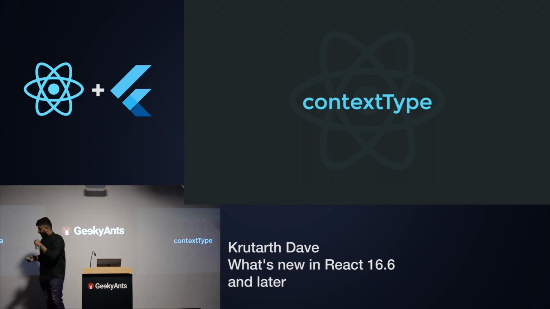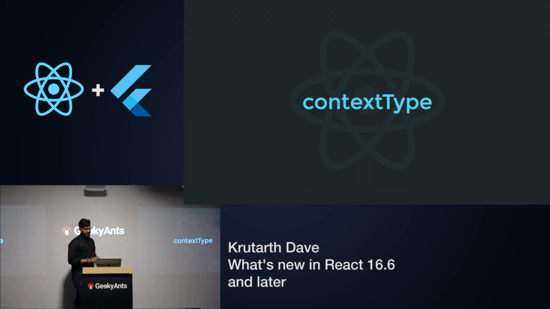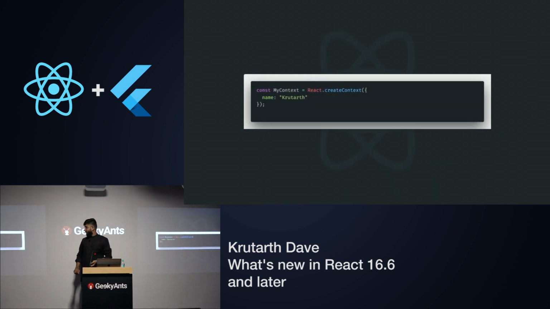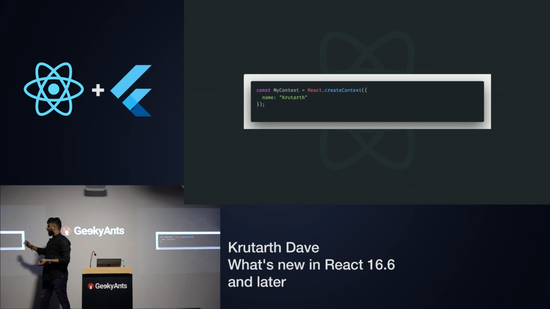For ContextType, we all know that when your app grows, I can imagine it has hundreds of components. You have to share logic between them, and then you create parent components and child components, and you keep going on. But we can save that as well by using ContextType. It's really easy. You can do React.createContext.